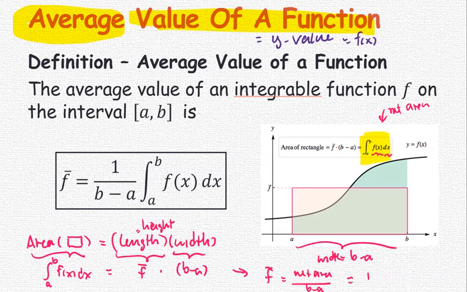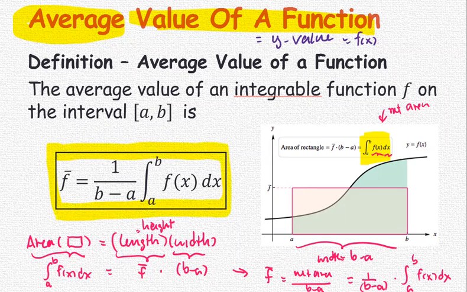That's why we come up with the formula 1 over b minus a multiplied by the definite integral from point A to point B of the function with respect to x, as the formula that you see in the box here. So the f bar is the notation for the average value of the function.